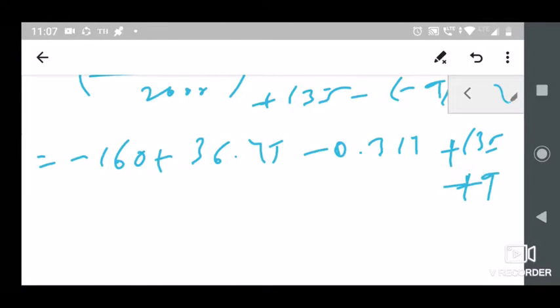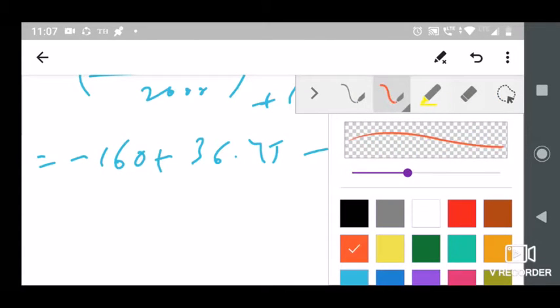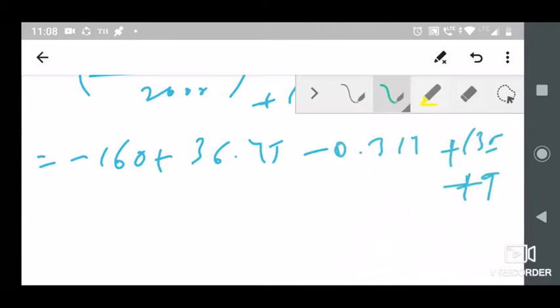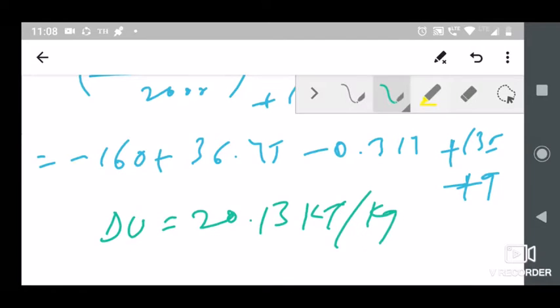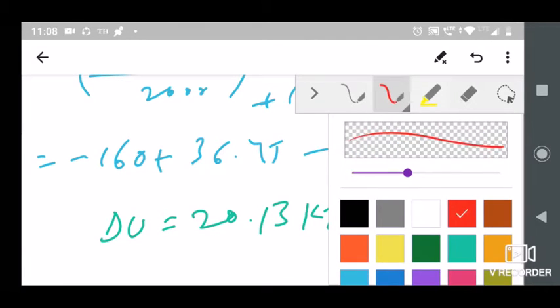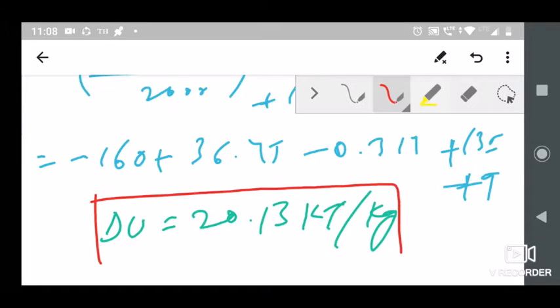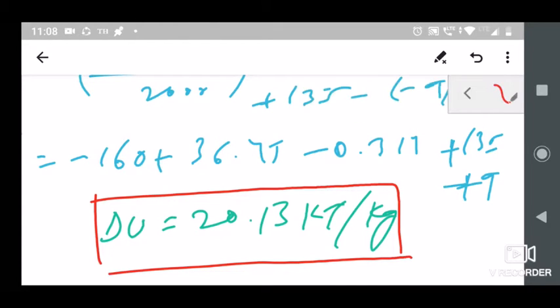Finally, the change in internal energy is 20.13 kilojoules per kg. So the specific internal energy will decrease by 20.13 kilojoules per kg. Hope the solution is clear to you. It's very simple: by substitution of the values into the formula we get the answer. We'll catch you in the next section with another problem. Thank you.